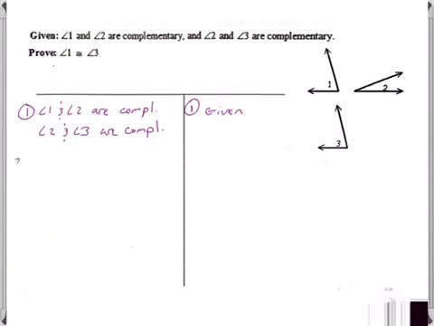If you think about what complementary means, we know that the measure of angle 1 plus the measure of angle 2 equals 90. And the same is true for the measure of angle 2 plus the measure of angle 3 equals 90. And we know this by the definition of complementary.